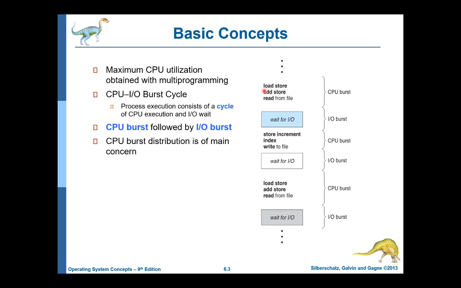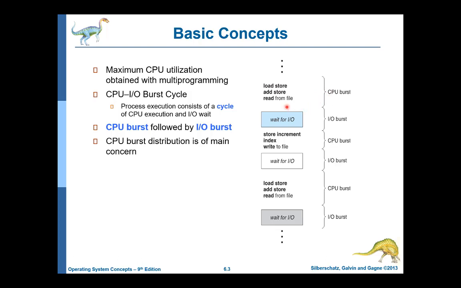Here it loads some variable, stores the data in the store location, and adds into this register, and then it needs to read from file. When it was executing these instructions, it was in the CPU, that was the CPU burst.